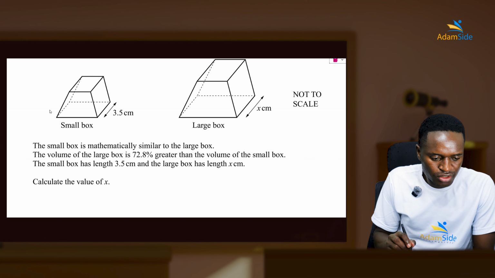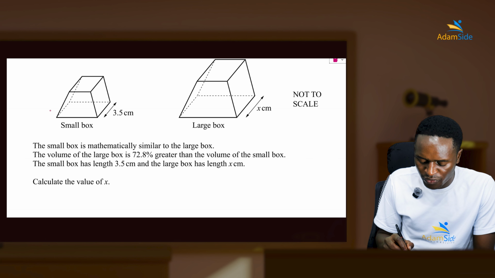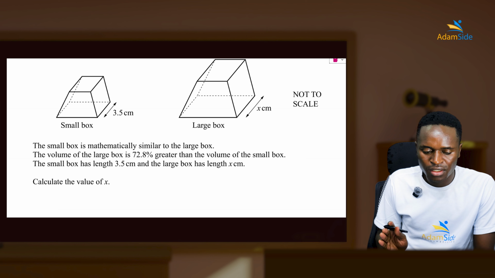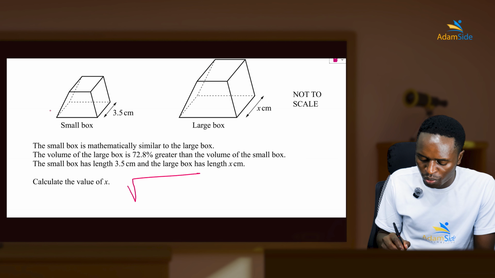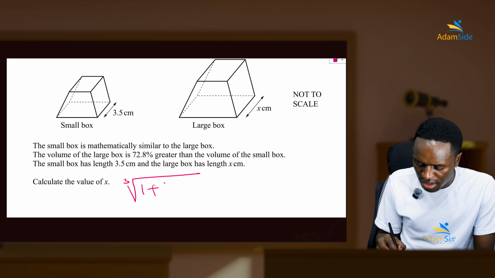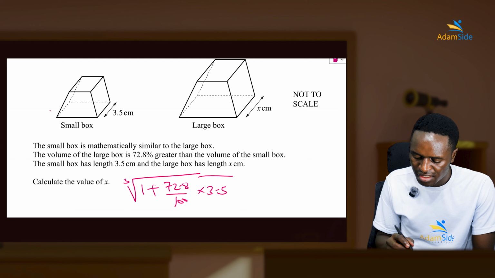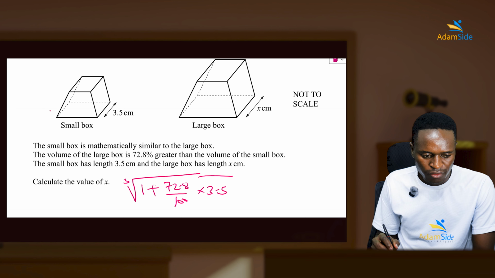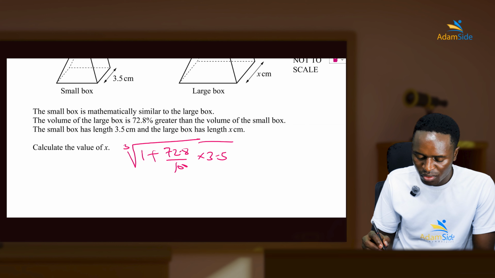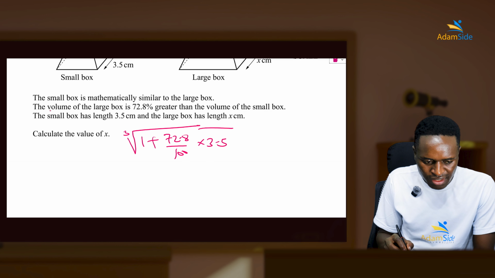What you basically need to do to get the marks here, because we know similarity: length and length, volume and volume. So you just cube root 1 plus 72.8, because it's a percentage out of 100, times 3.5, to calculate the value of x, the length of the large box. If you do that, you can end up getting full marks.